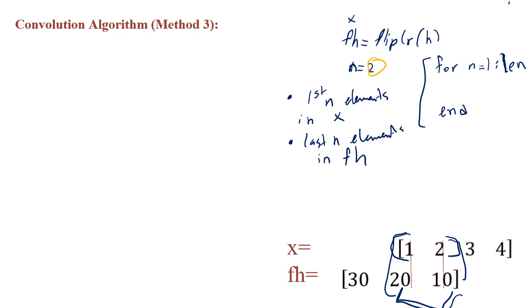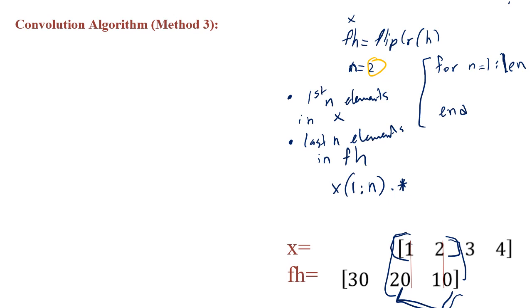The way to do this in MATLAB is to say X, extract from the first until n, right? So this is a range of indices lying between 1 and n. But what we want to do is perform element-wise multiplication, because we are interested in multiplying 1 by 20, 2 by 10, and so on. So this is an element-wise multiplication. That's why we need the dot product multiplication.